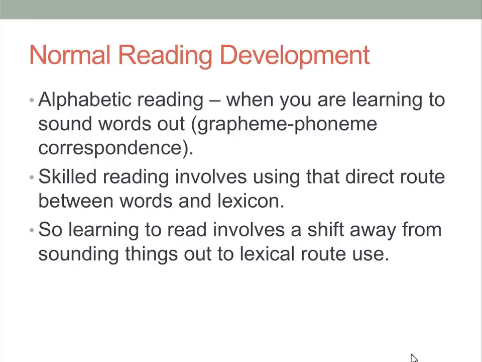So it involves ignoring the GPC correspondence, now having enough knowledge that you don't need to sound out the words as you're going. So learning to read really involves a shift away from the GPC side and sounding things out to using the lexical route. And that's sort of like an expertise switch from relying on sounding words out, which is going to take longer because it involves that internal speech, to moving to direct access through the lexical route.